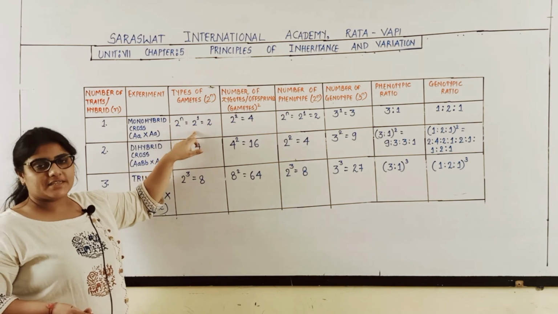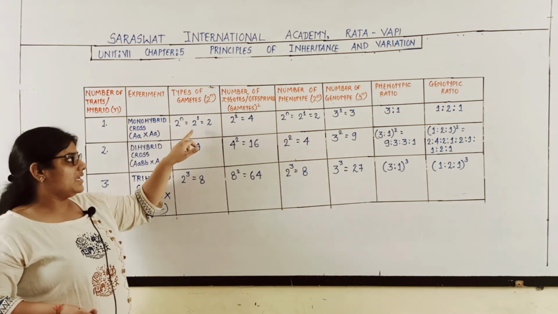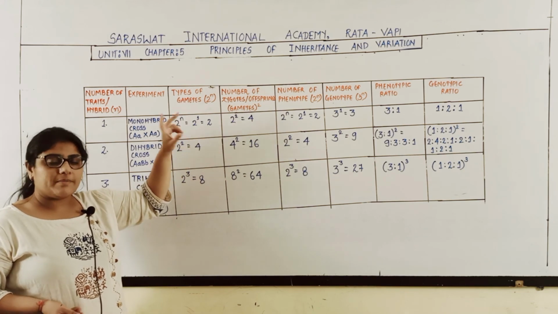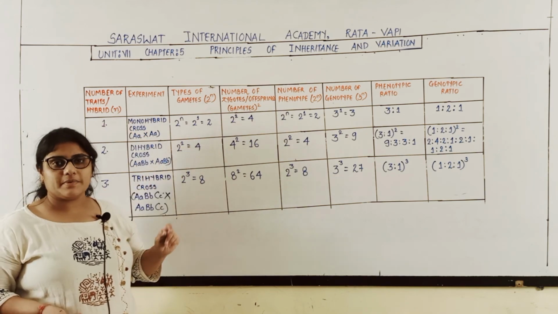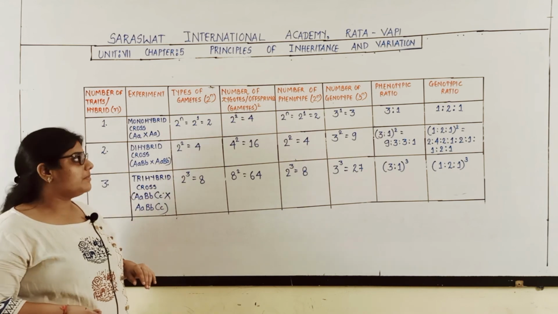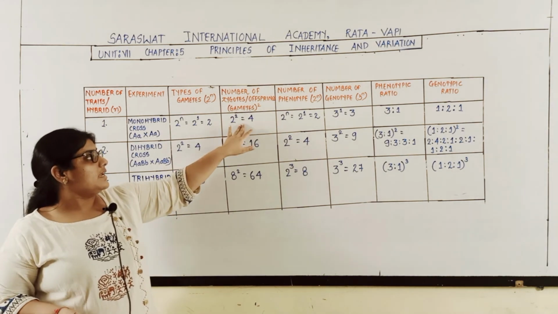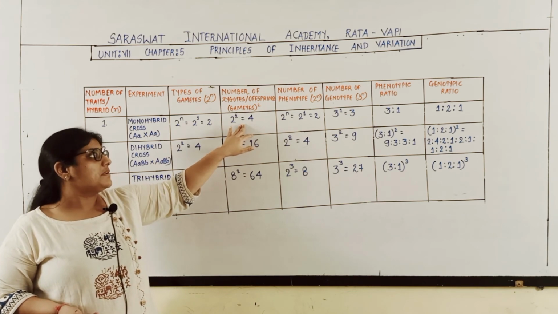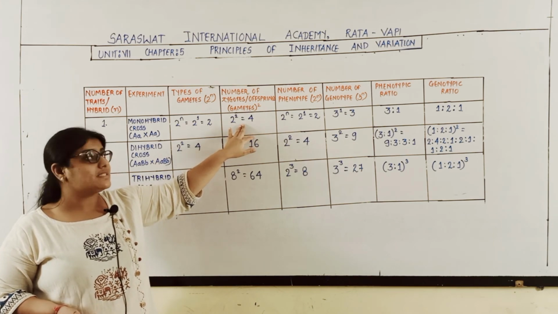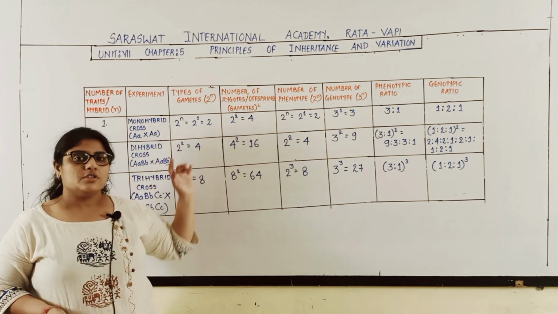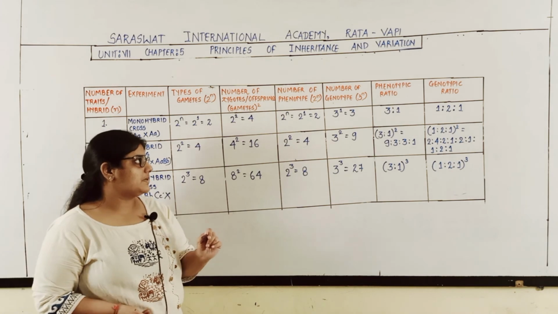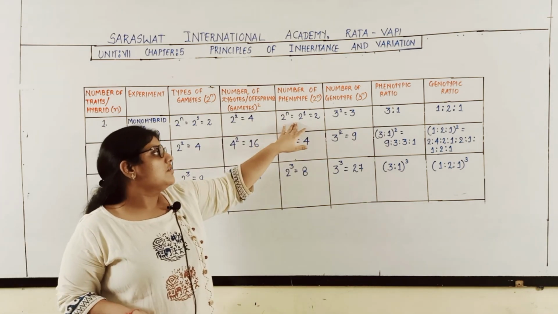So here how many characters did we study? 1 character. So how many gametes will be formed? Only 2 gametes. Then the number of zygotes will be 2 raised to 2, that is basically 4. So 4 different combinations you obtained in the monohybrid experiment in the F2 generation.